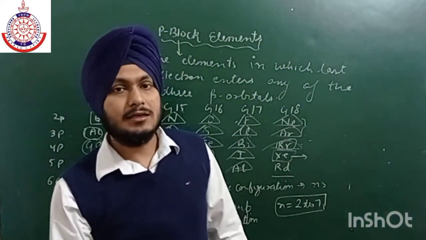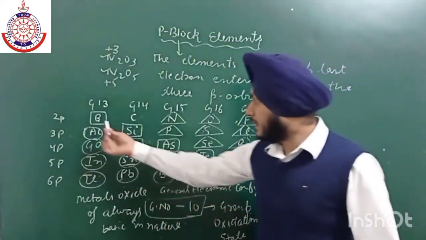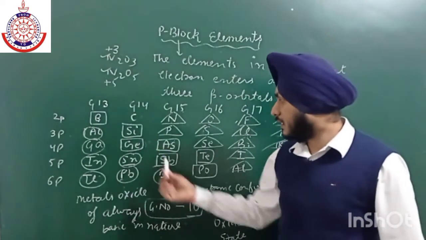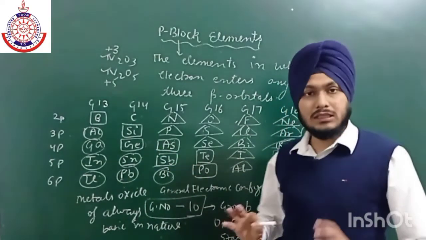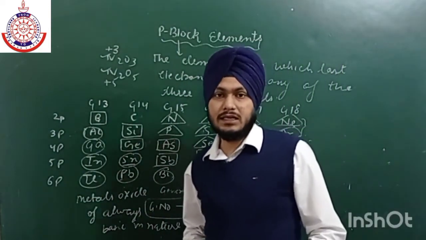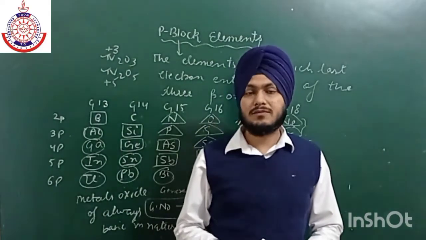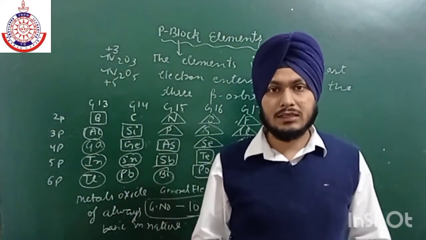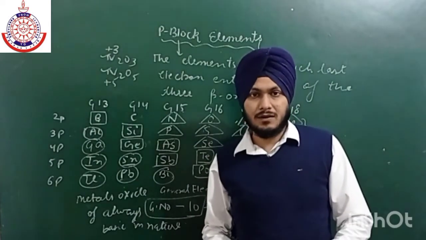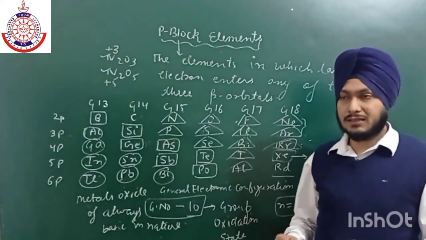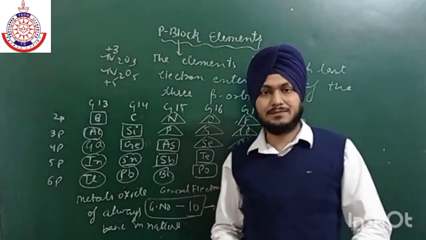If we talk about the oxides of metalloids, like beryllium oxide, silicon oxide, arsenic oxide, and antimony oxide, these are all amphoteric in nature. Keep in mind that all the oxides of metalloids are amphoteric in nature. They show acidic as well as basic character, meaning they react with both acid as well as base.